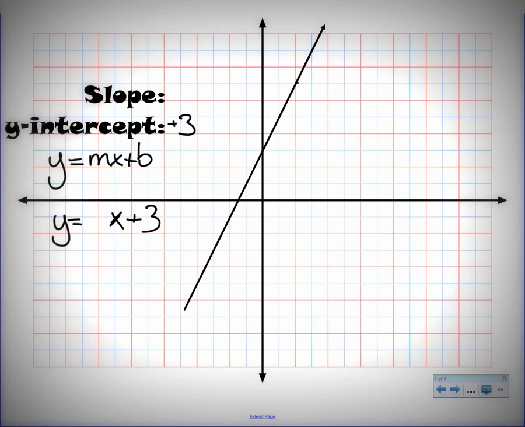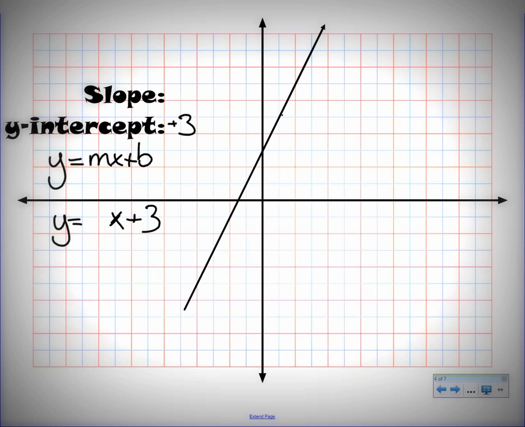However, that's a nice point. It crosses the graph on the grid nicely right through there. This is a nice point right there. Your y-intercept is always a nice point. Usually, I shouldn't say always, usually.